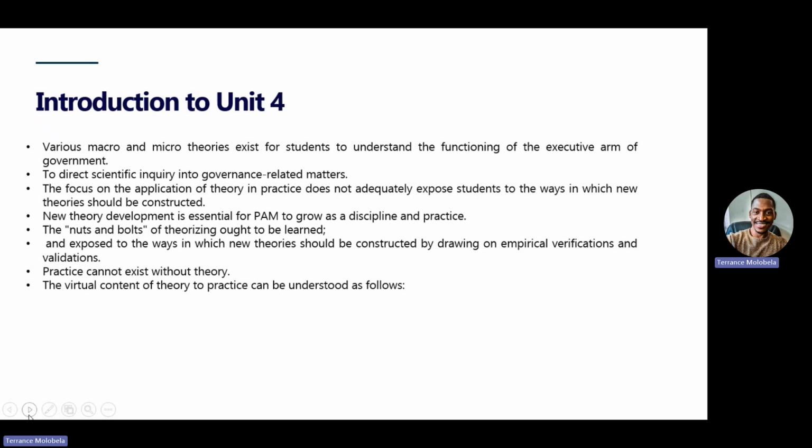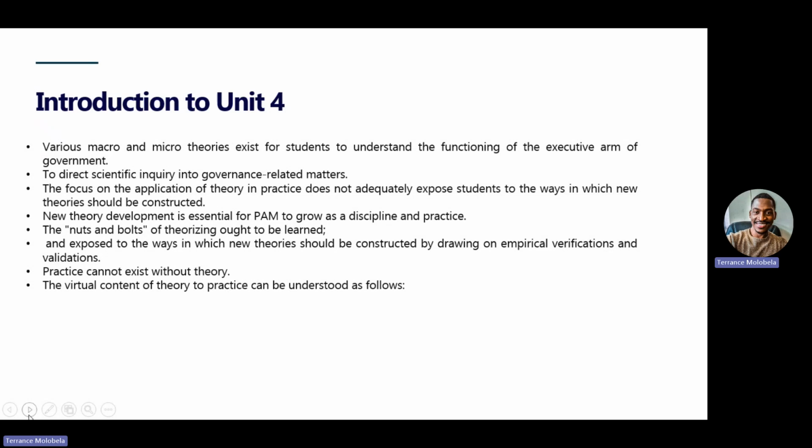Again, this will help you to understand the direct scientific inquiry into governance related matters, because at the end of the day, like I said, governance related matters, for them to be resolved or to be a success, must be guided by certain theories and approaches.